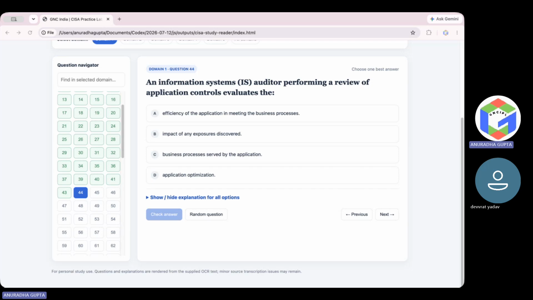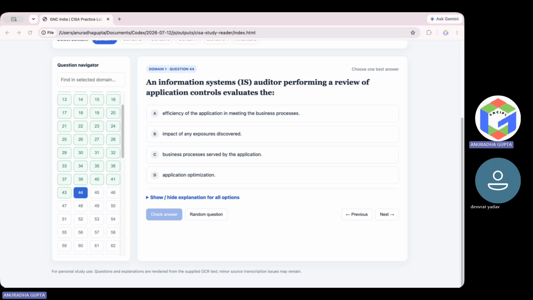But if you talk about the impact of any exposure discovered, here the question is the auditor is performing the audit and reviewing the application control. Okay, so these are the options which are coming, means these are the scenarios in which he is looking at the application.